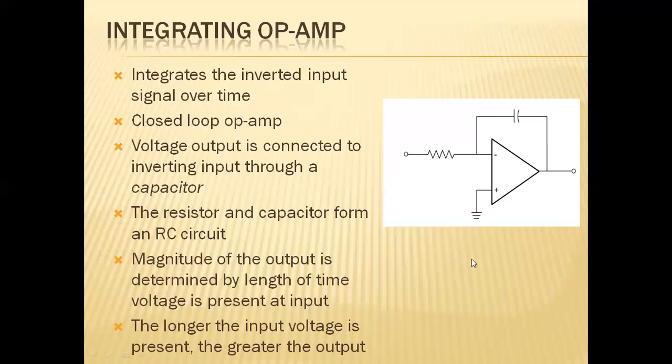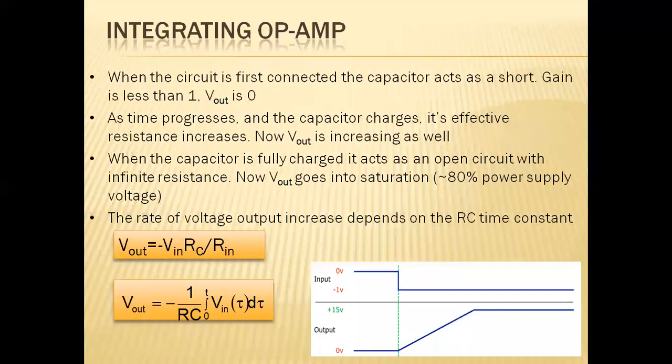It integrates the inverted input signal over the overall time period. This RC circuit plays an important role for the entire charge stored in the capacitor, which will be utilized when necessary to commence operation instead of the entire system coming to a halt.